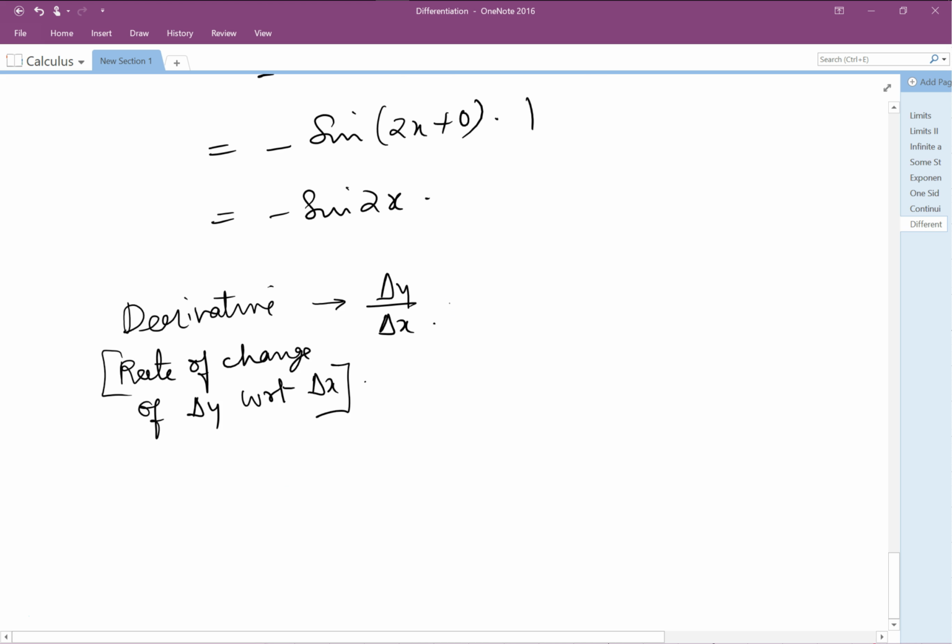Now this can be written as dy by dx also. Instead of writing the triangle, we can say dy by dx. We can also write it as f prime of x. There are many different ways in which it has evolved, but the core thing is this.